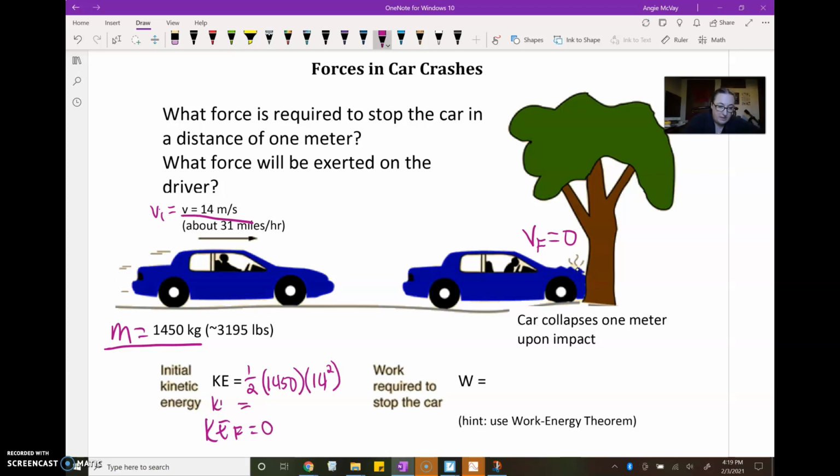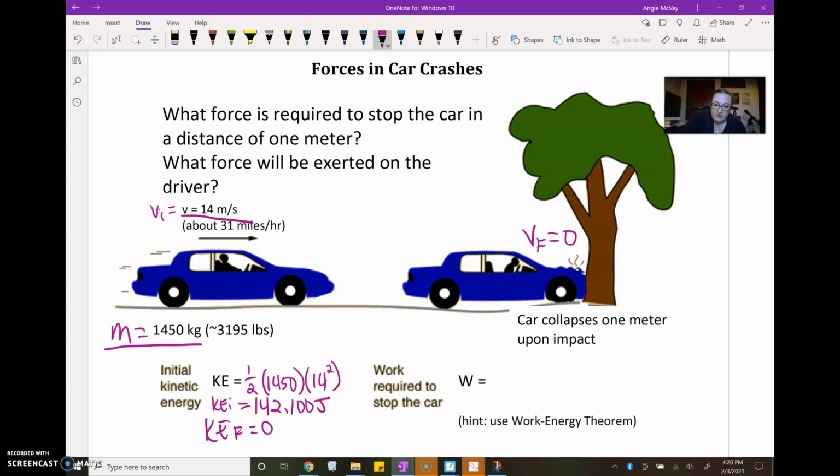So KE initial is 14 squared times 1450 divided by 2, which is 142,100 joules.